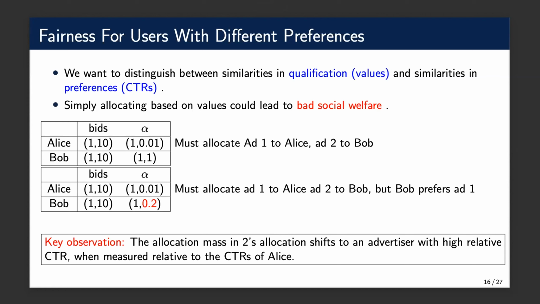So what this example is showing us is that in favor of social welfare, we can't have that strong notion of value stability here when considering different preferences of the users. However, it's not the case that we have no fairness here. We still see that when we compare preferences of the two users with each other, the mass of allocation is really pulled towards the user that has a higher preference.